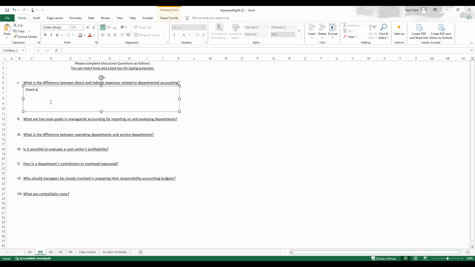So direct expenses are those that can be traced directly to a department because they are incurred only for the benefit of that department, whereas indirect expenses are incurred for the benefit of more than one department.